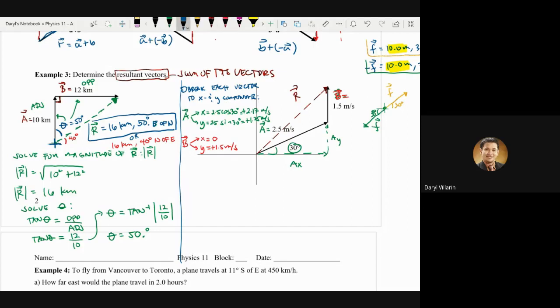So the second step is the summation of all x and the summation of all the y's, for each component. So for x, you have 2.17 plus 0. So that gives you an answer of just 2.17 meters per second.